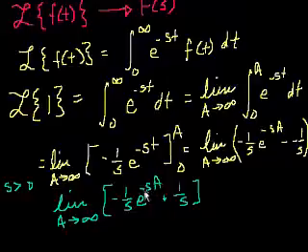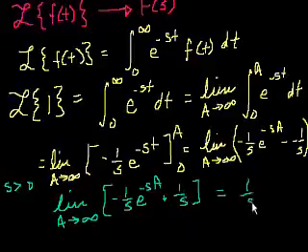E to the minus a Googol is a very, very small number, and e to the minus a Googolplex is an even smaller number. So this e to the minus infinity approaches 0, so this term approaches 0. This term isn't affected because it has no a in it, so we're just left with 1 over s.